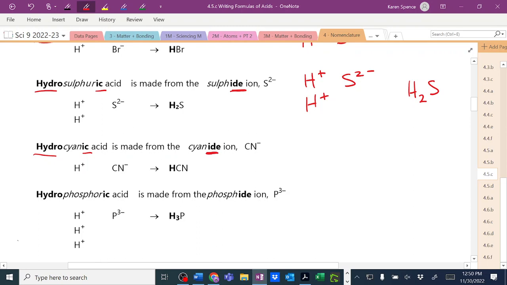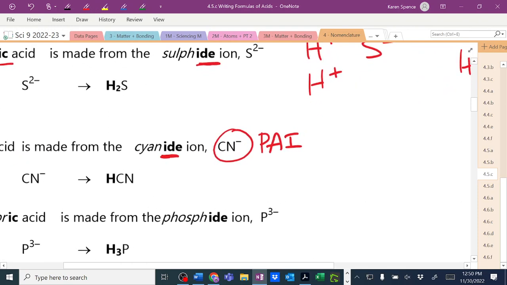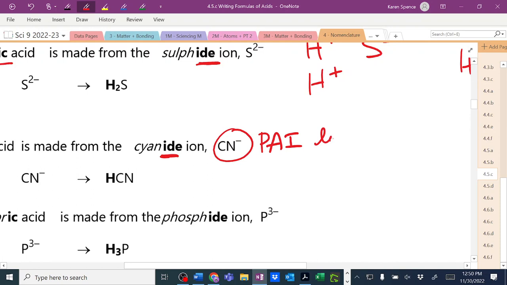That's from cyanide, and you should remember that cyanide is a polyatomic ion. So you will actually need to look up cyanide unless you happen to know it by heart. So you're going to say, okay, I've got H plus, and I have CN minus. Oh, I don't even need to do anything. I just write HCN.